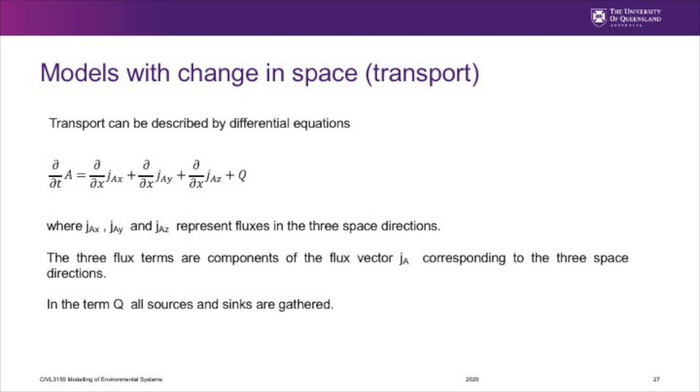The change of this in time also includes the change in direction, and it also includes all the sources and sinks gathered in this q variable, right? So J_A,x, J_A,y, and J_A,z represent fluxes in the three space dimensions. The three flux terms are components of the flux vector corresponding to the three space directions.